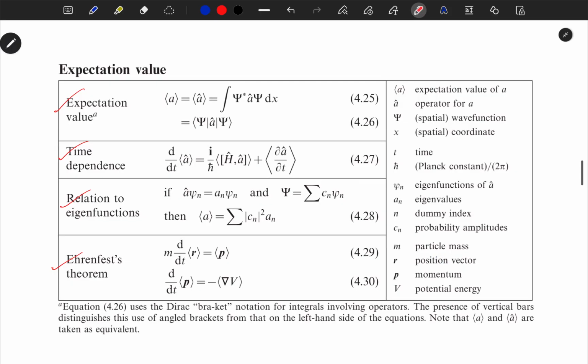Now expectation values: the expectation value of A will be the integral of psi star A psi dx.